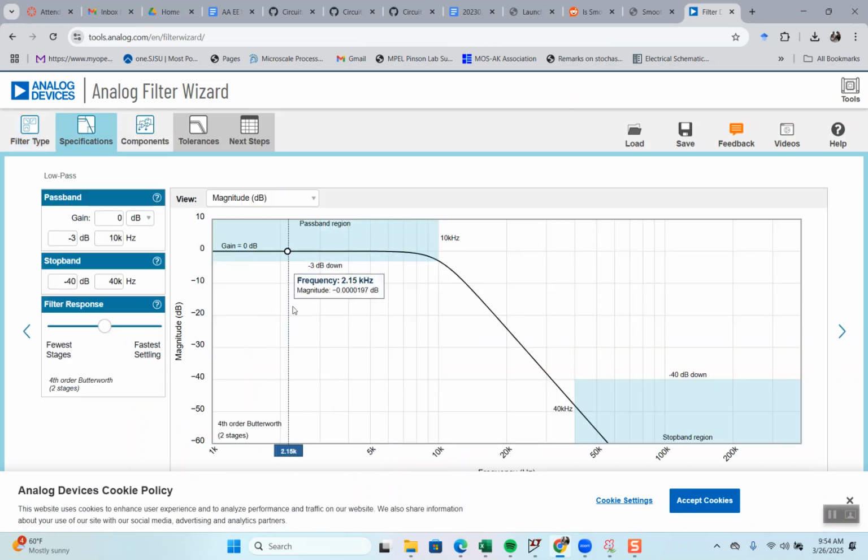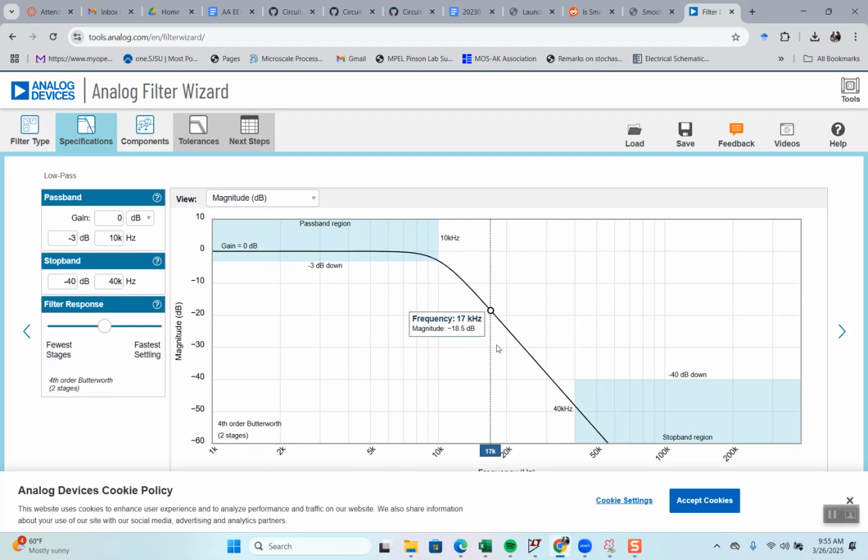Okay. And what it does is, you don't give it the transfer function. You kind of have to say, well, I want the gain to be a certain value, and I want it to be minus 3 dB here. So you're telling it the cutoff frequency.